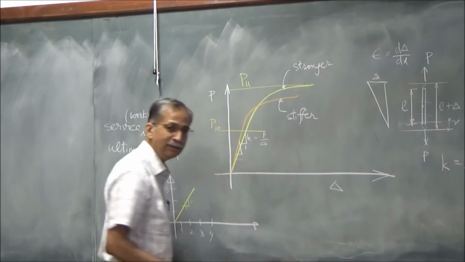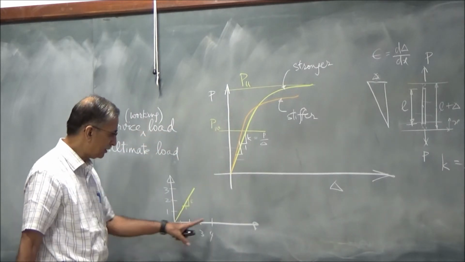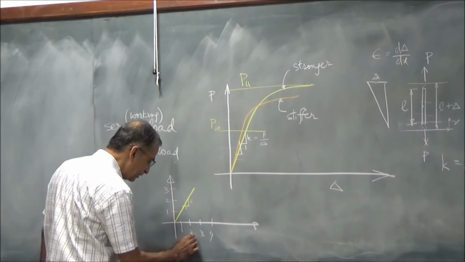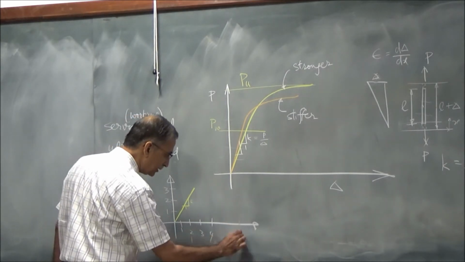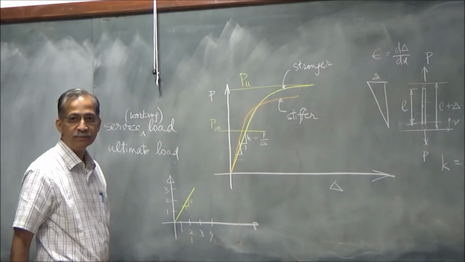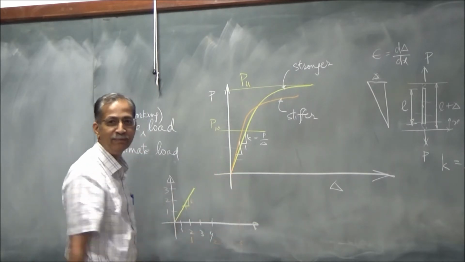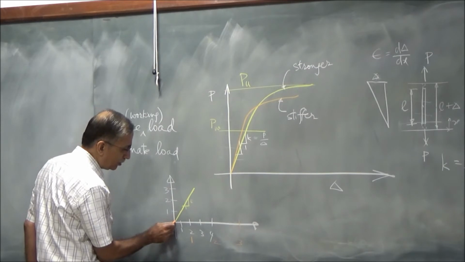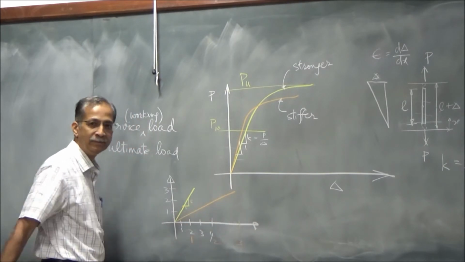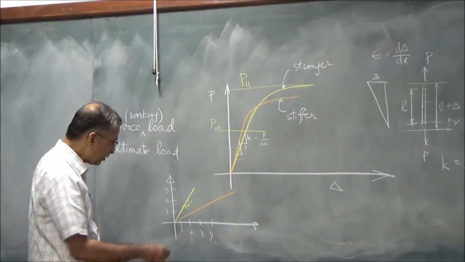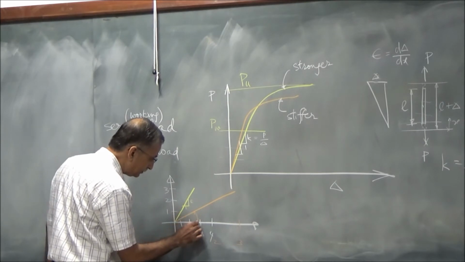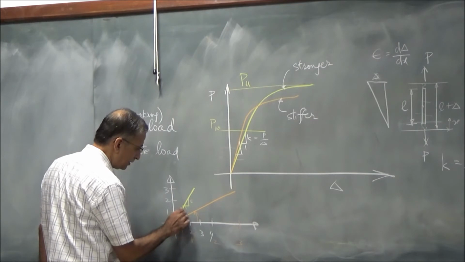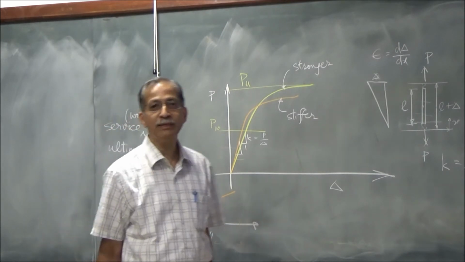I have a friend who doesn't like to do it this way. He says, why should I do this? Let me choose this as 1, this as 2, and this as 3. He likes to stretch things a little bit. So the same line will now look like this. And if you try to measure this angle, it will be different from this angle. And your tan theta will give you different results.